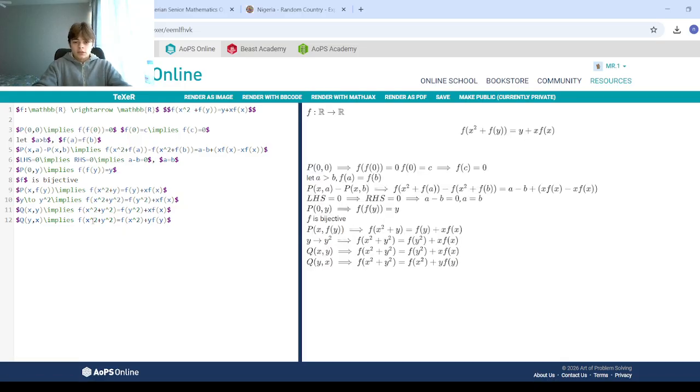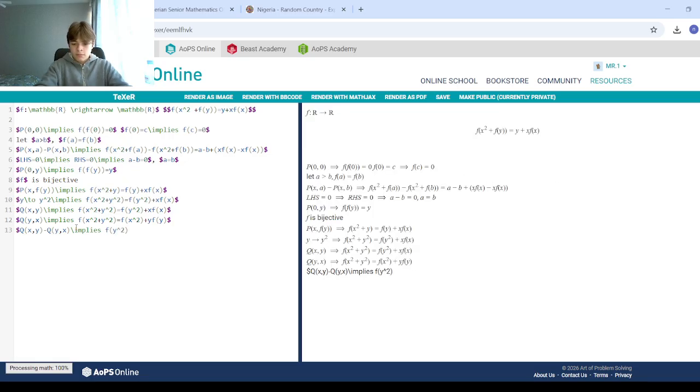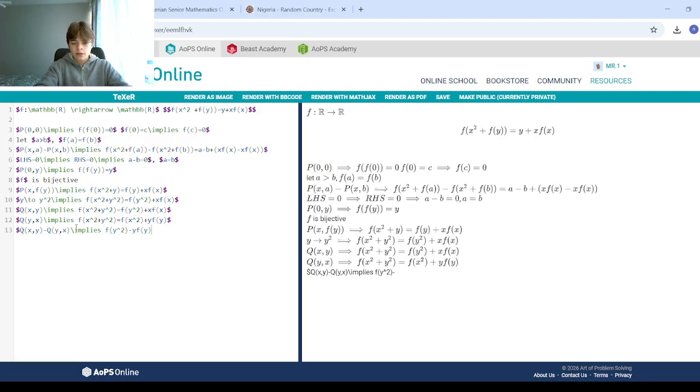Okay, so if we subtract these two, we get f(y)² − y·f(y) = f(x)² − x·f(x).